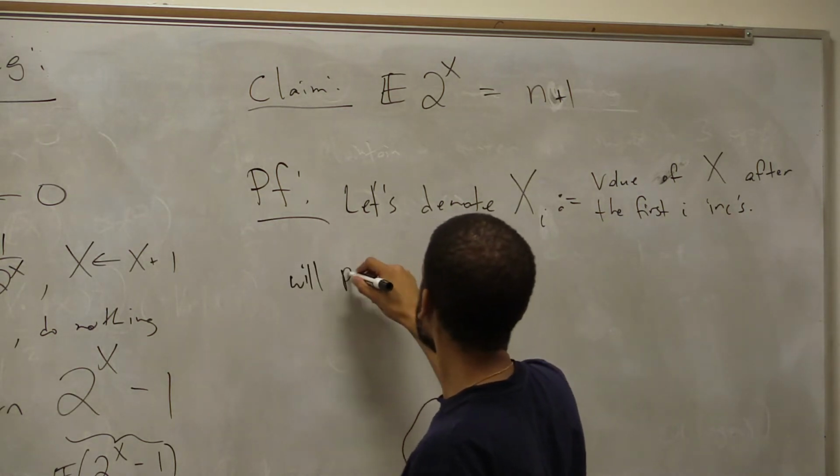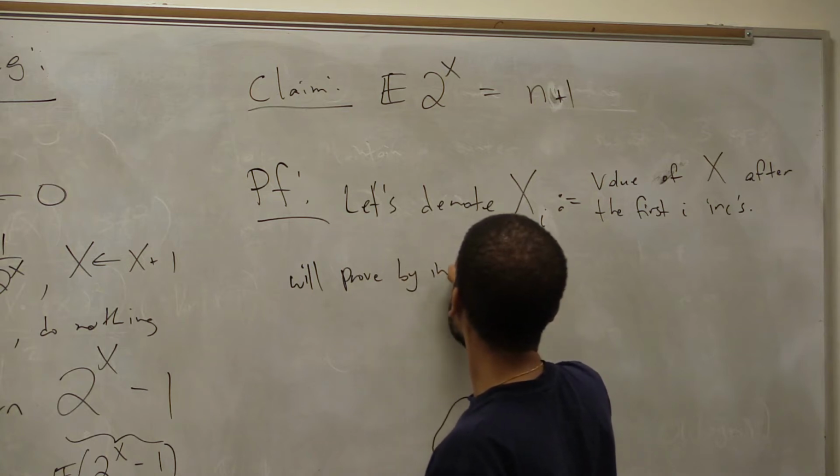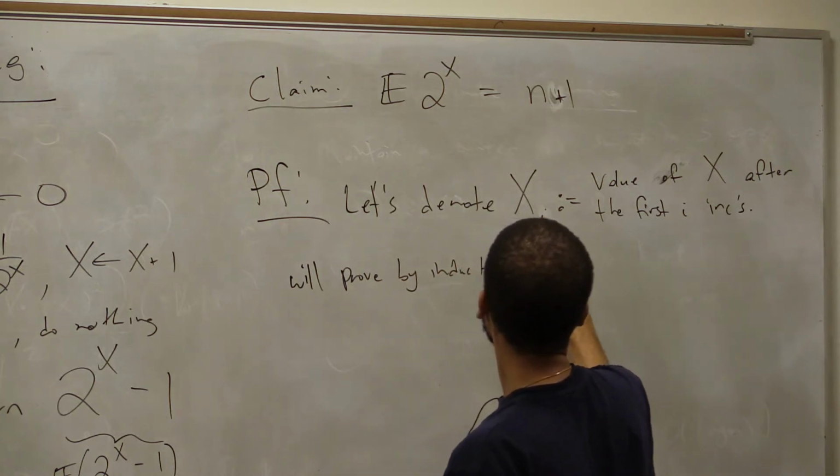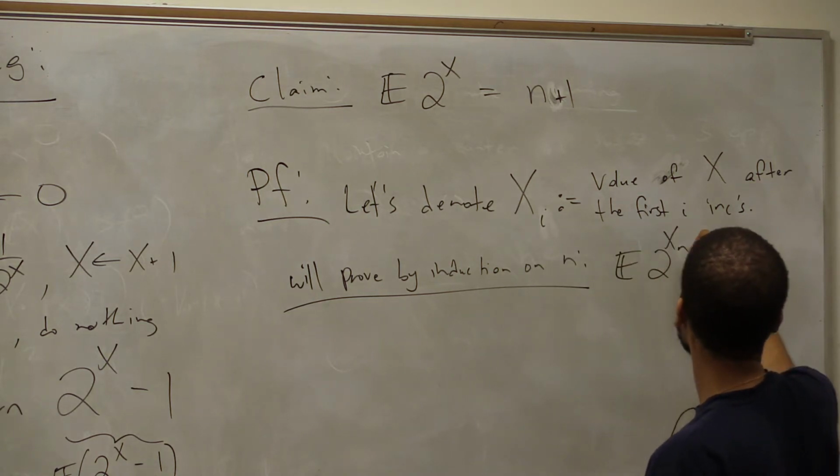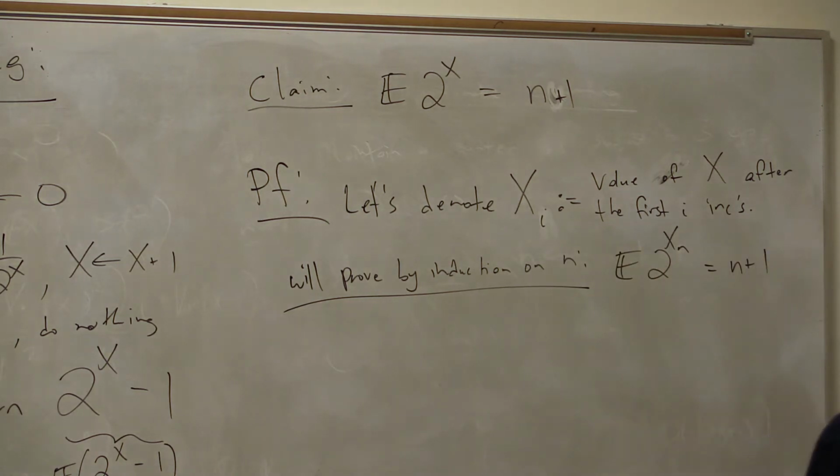We'll prove by induction on n that the expectation of 2 to the xn is n plus 1 for all n.